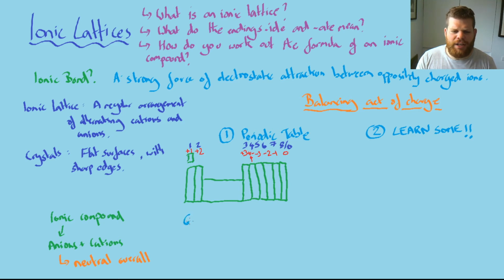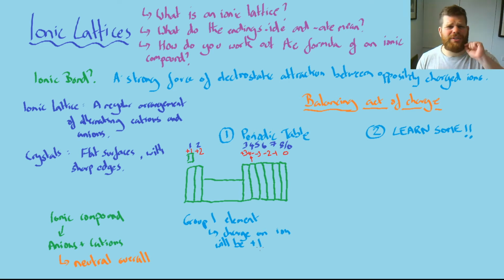If you have a group 1 element, the charge on the ion will be +1. So every single element in group 1, when it forms an ion, will be an ion with a charge of +1. If it's in group 2, it'll be +2. If it's in group 3, +3, and so on and so forth.